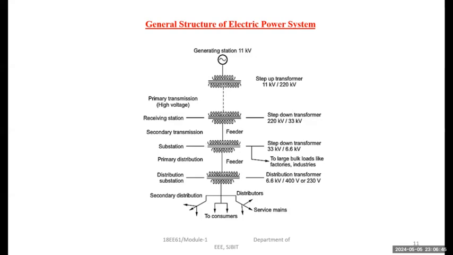In a particular network, there may not be any secondary transmission or any primary distribution. Sometimes a particular network may just have the secondary distribution. See here, this is the secondary distribution where it is finally reaching the consumers. So this is about the general structure of a typical T&D scheme, and it's very important to know.